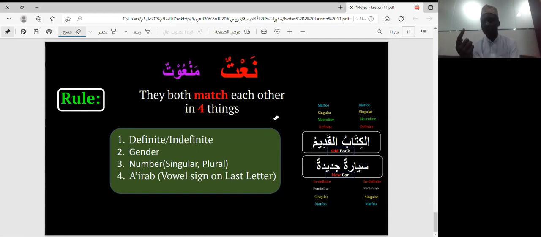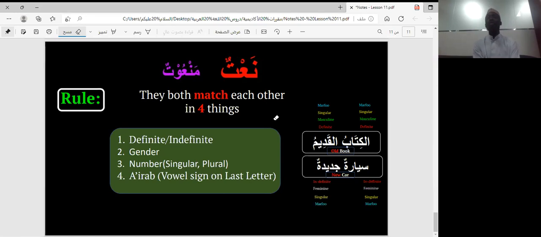When man'ut is dual, na'at must also be dual. When man'ut is plural, na'at must also be plural. So we may learn that inshallah next time. When you have al-kitabani, the two books, al-jadidani, the two new books. You don't say al-jadidu because al-kitabani means the two books. So al-jadid should also be al-jadidani.